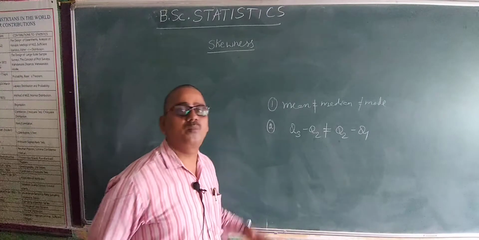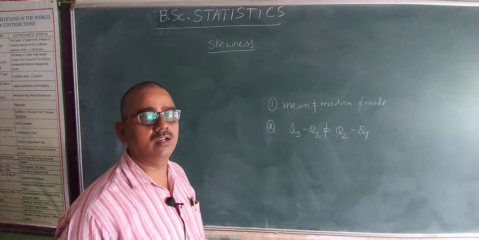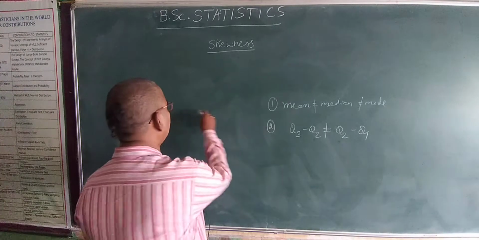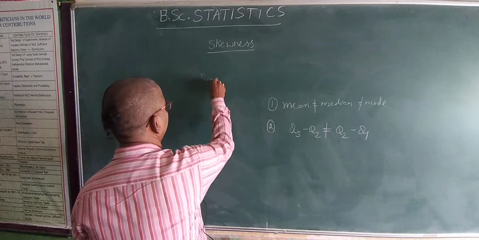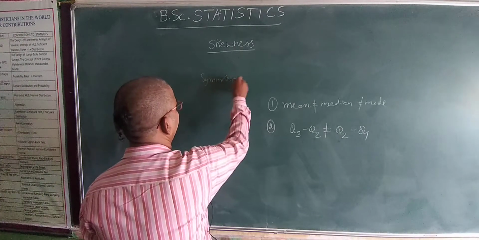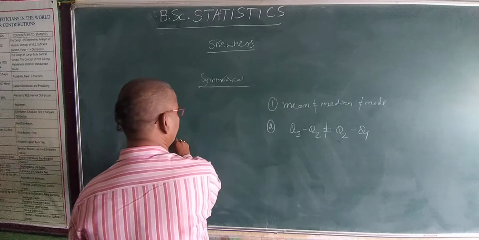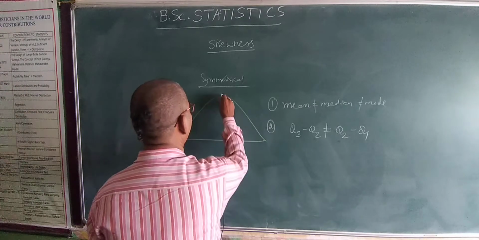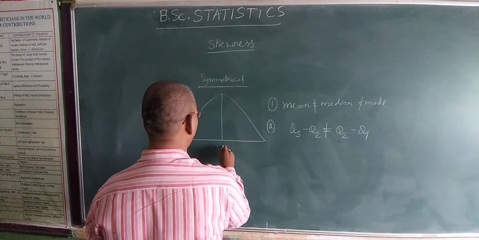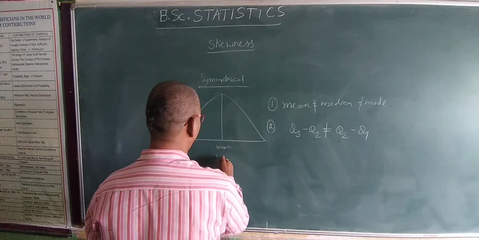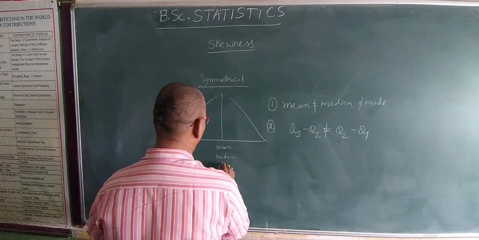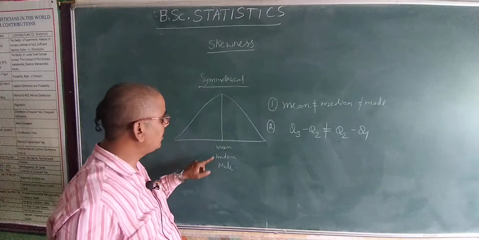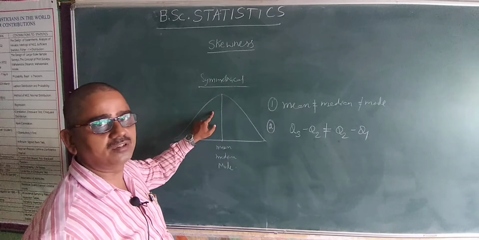I draw a picture for the symmetrical distribution so that you can understand it. I draw the graph for mean, median and mode. If this is the mean, this is the median, and this is also the mode of the distribution, the same point, then it is a symmetrical distribution.